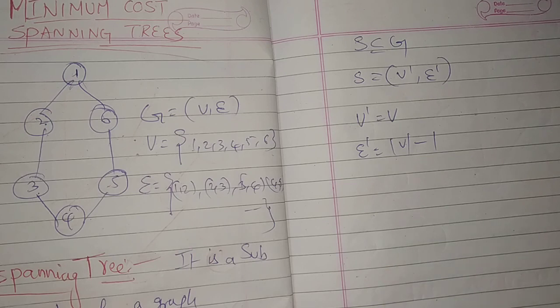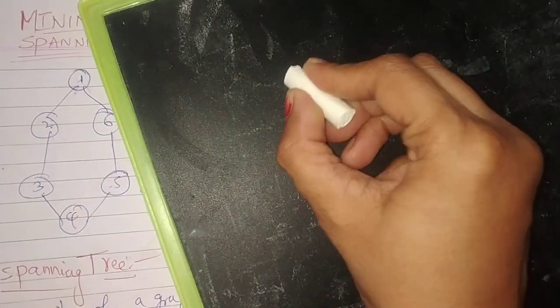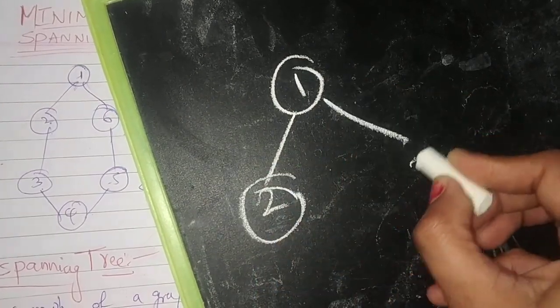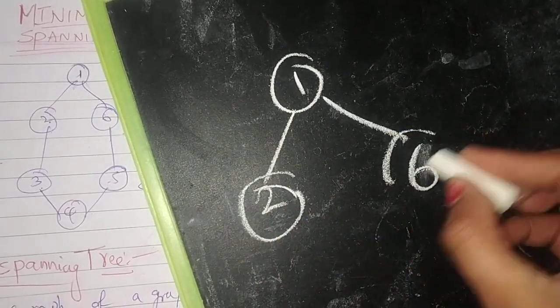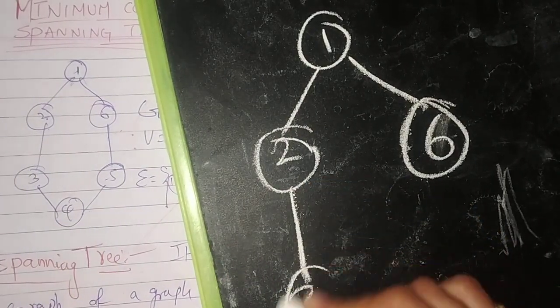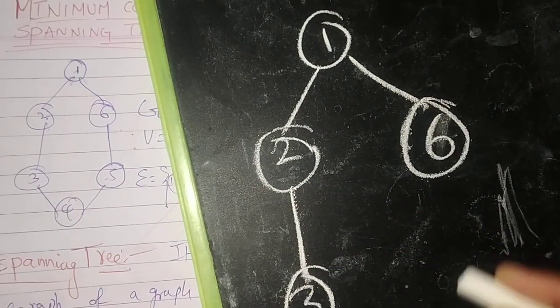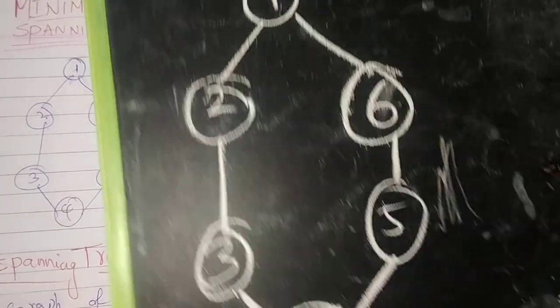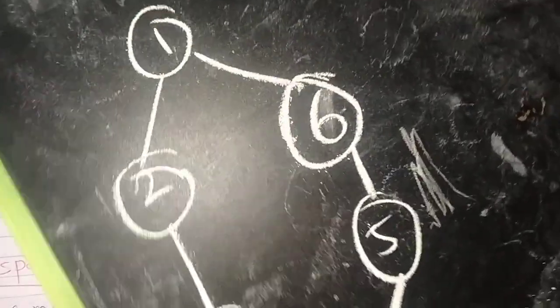For example, if you take some example of this graph, with vertices 1, 2, 3, 4, 5, 6, I am taking this example only. This is a graph.